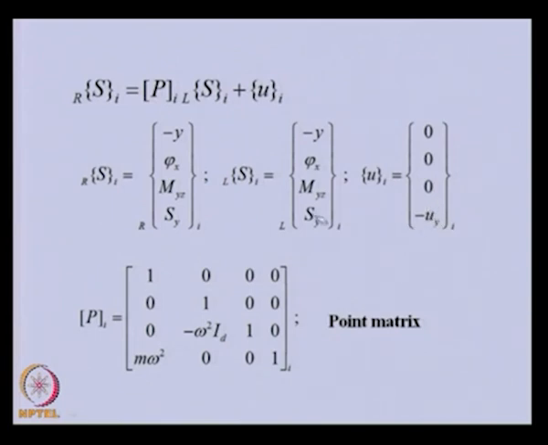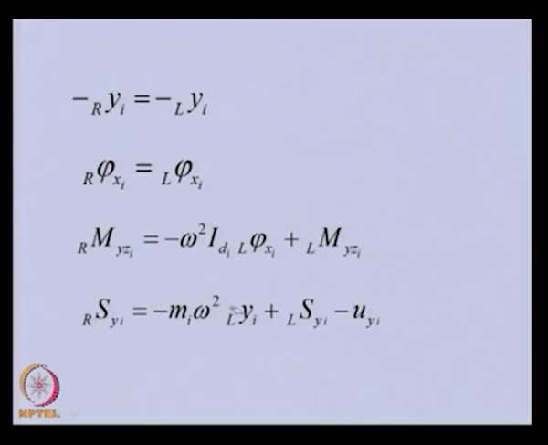Because we have stacked the shear force at the last, it will come at the end. Basically, if we expand the fourth equation, we will get this equation, and this is the last term which corresponds to the external force.